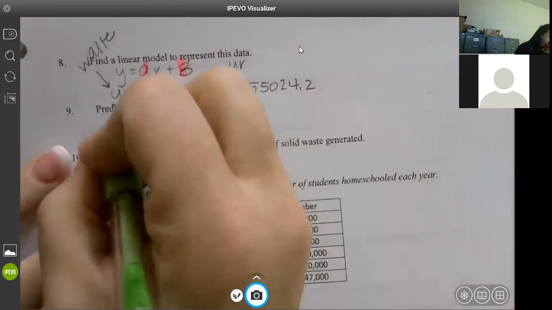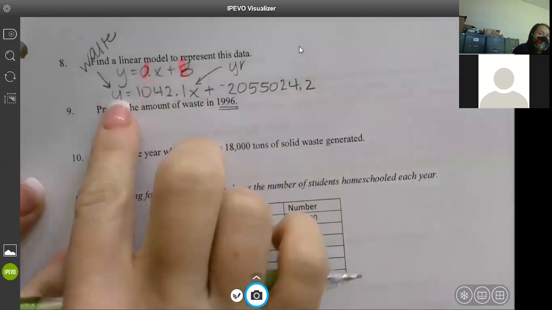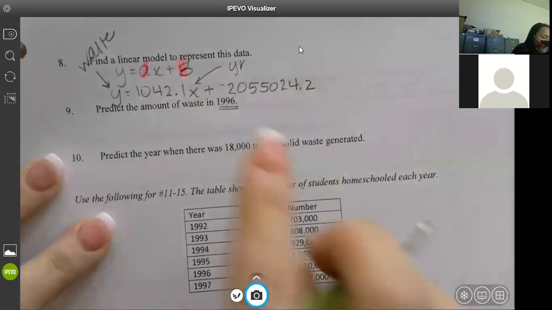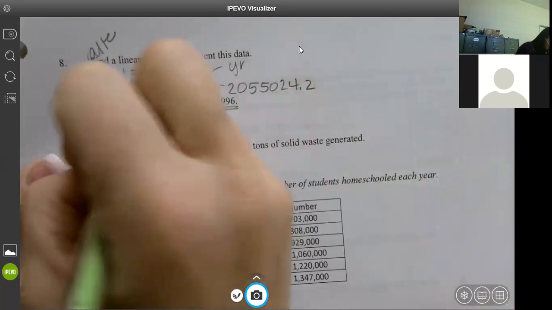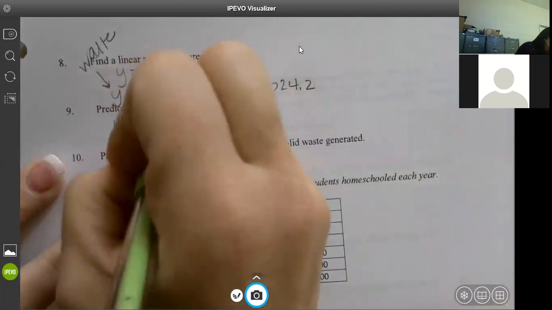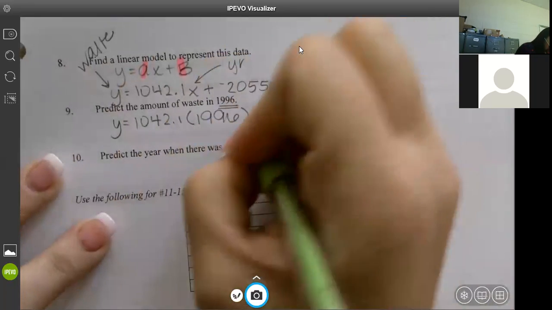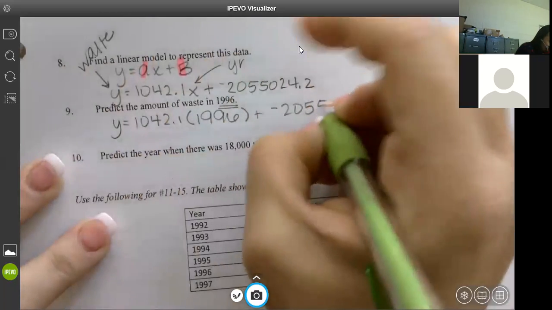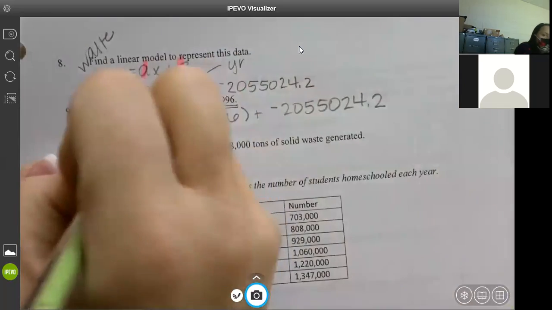So this one says, predict the amount of waste in 1996. Is that going to go in for x, or is it going to go in for y? X, because it's a year. So y equals 1042.1, put your parentheses, 1996 plus negative 2055024.2.